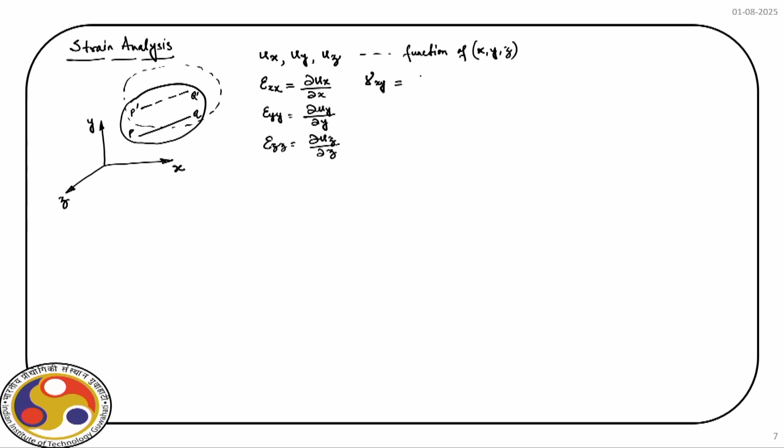In case of shear strains, we have to consider 2 components at a time and then accordingly we can find out the shear strains in xy, then yz and then finally zx, right.